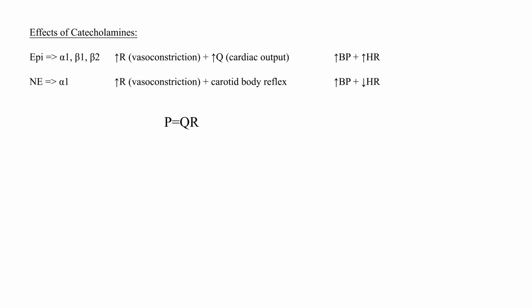Now, if this all gets confusing, try to simplify it by thinking back to the pressure-flow equation, where pressure equals flow times resistance. If you vasoconstrict, you're increasing peripheral vascular resistance, you're increasing R. And if you're increasing cardiac output, you're increasing flow. So if you're increasing both of those things, you're obviously dramatically increasing blood pressure.